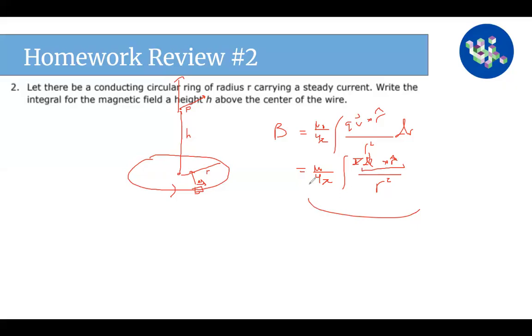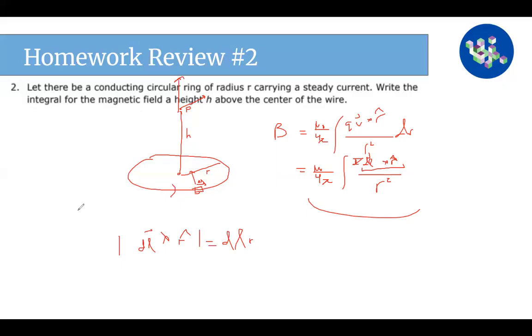So if I want to do a scalar integral, then I'd have to project the dl crosses r onto the vertical direction. So okay, dl crosses the r. The magnitude of this is dl times r, because dl is always perpendicular to your r vector.